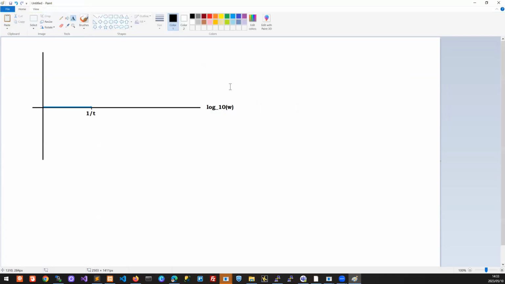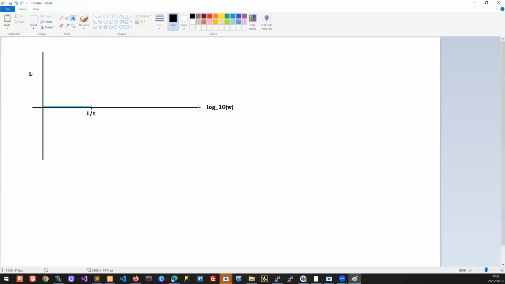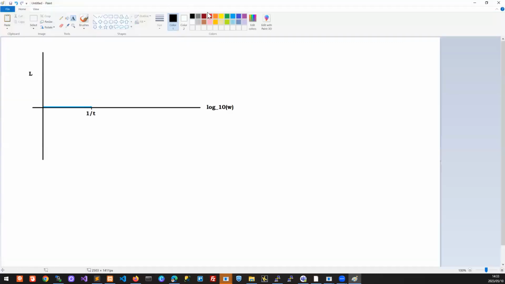So that's your x-axis, and your y-axis is, of course, L. So because this is in effect our x part, and we can see the x part times minus 20, that means our gradient is minus 20. So if we go ahead and continue plotting this line, what we'll find is it's a minus 20. So that's the L part for us done.